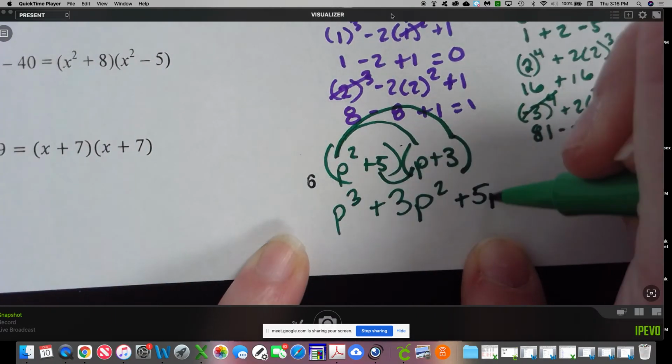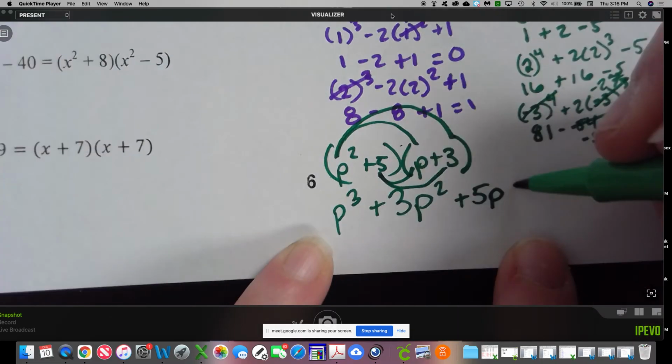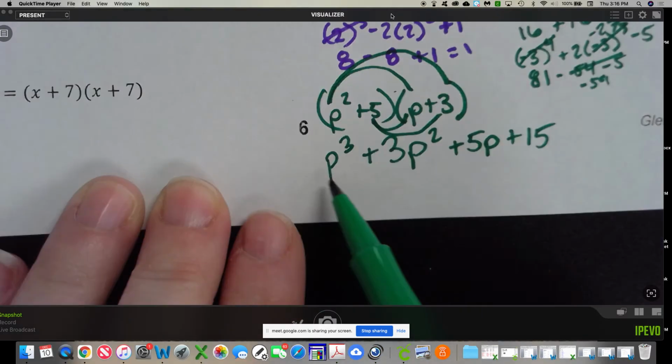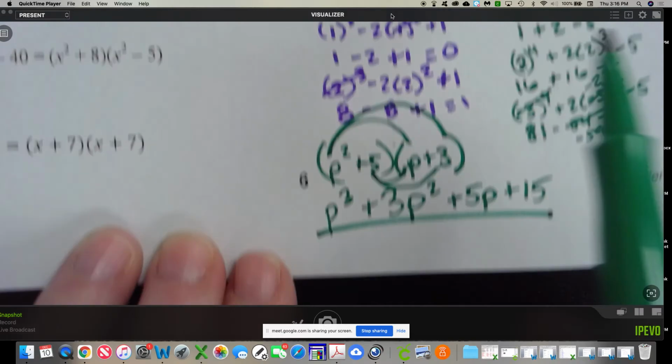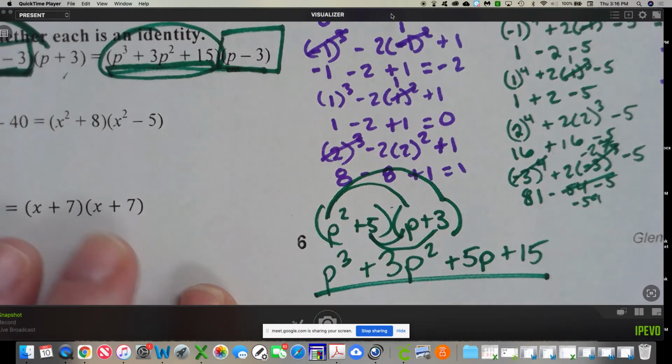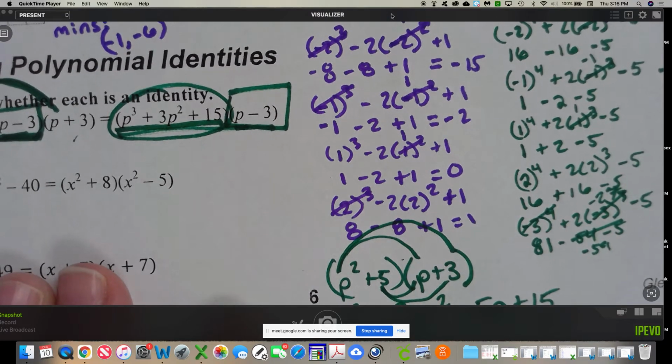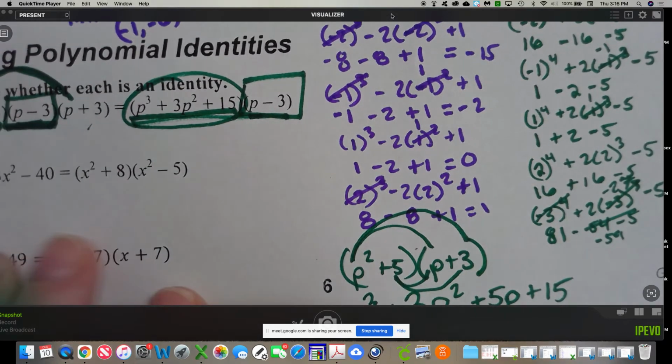Anything I can put together for like terms? Nope. Okay, so I want to compare that to the stuff on the right-hand side in the parentheses. Is it the same? Nope. So either we did something wrong or it's not an identity. What do you think? It's not an identity because we didn't do anything wrong, right? We're too brilliant for that. Not an identity.